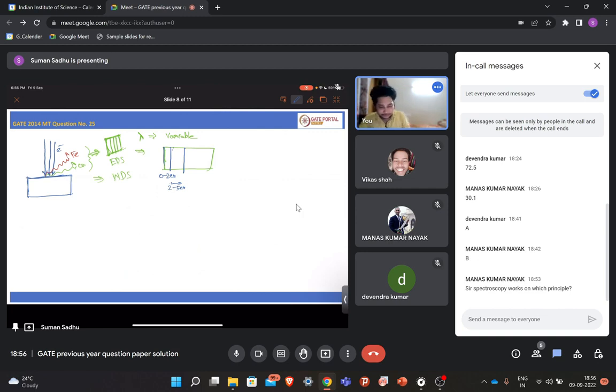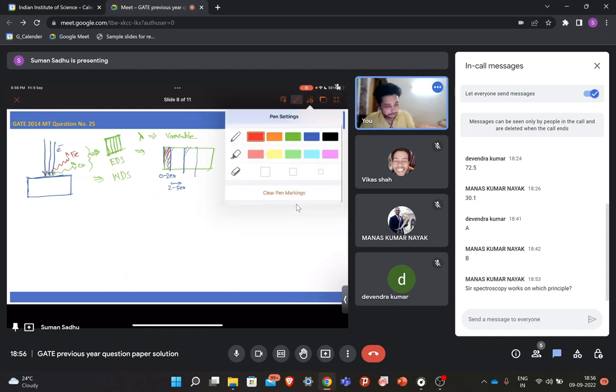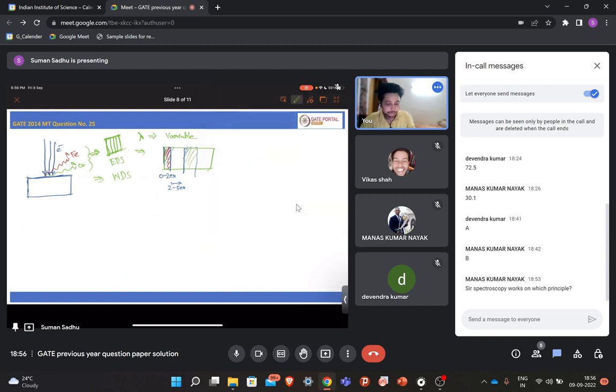Depending on the energy of the X-ray, it will store it here, and it will store some other lambda somewhere else. Let's say it stores copper here and iron somewhere else. This way it will judge which element is present and in how much quantity.